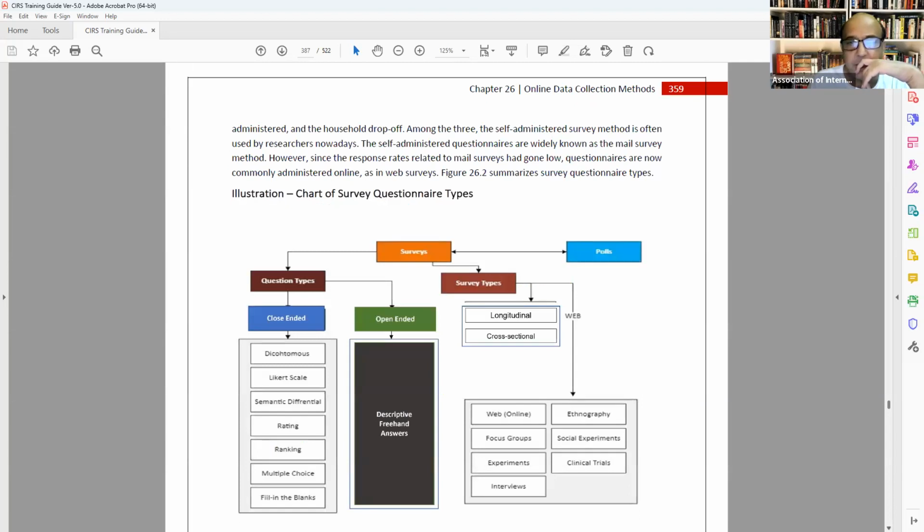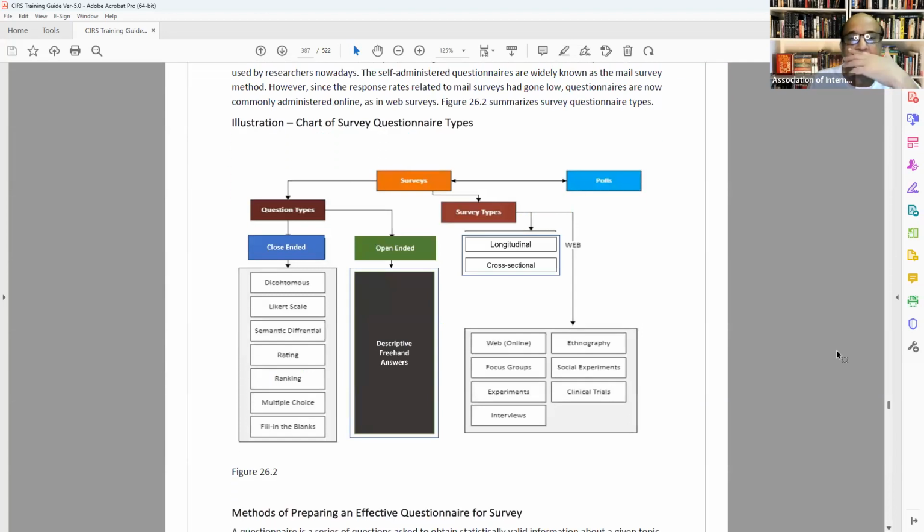Now let's look at this chart here. Surveys, we're not talking about polls. There is not a whole lot written about the polls in the book. So looking at the surveys, there are two types of survey questions basically. So understanding what those types are.